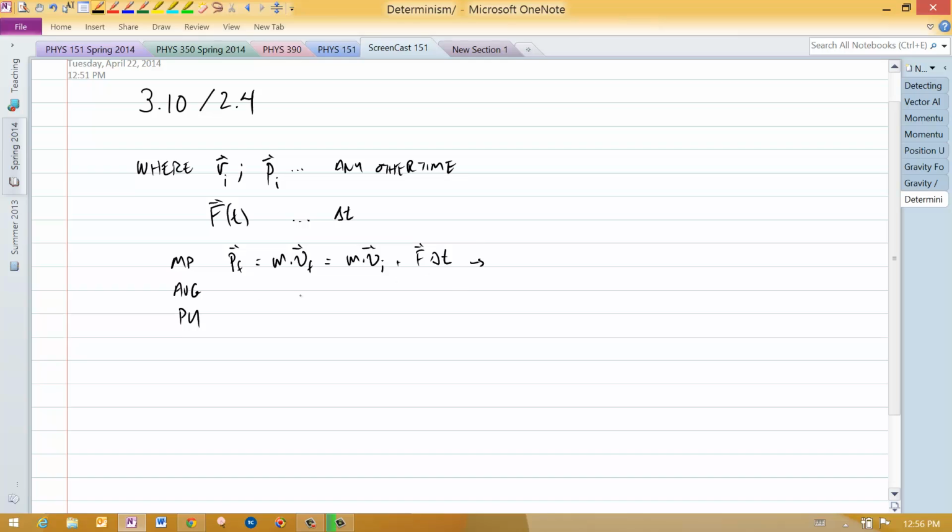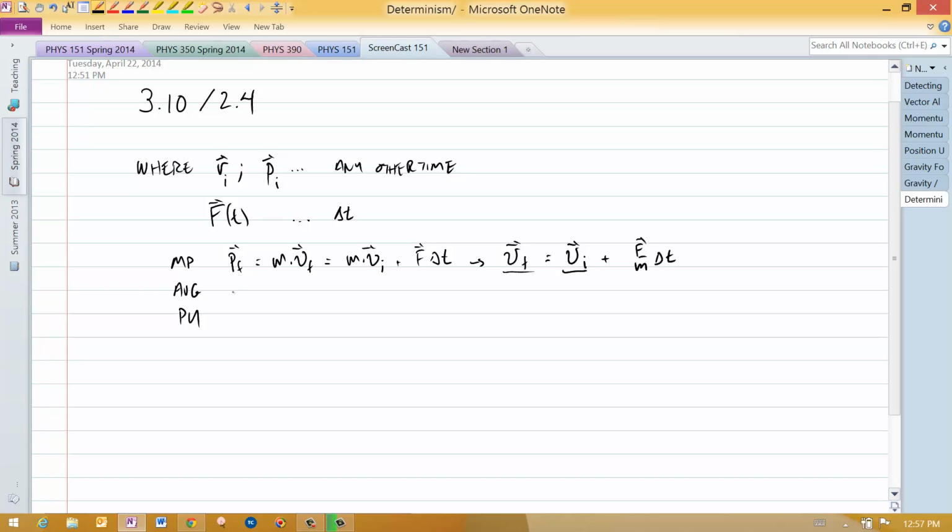Together with that, I can find the final velocity at the final time. I just divide everything by m. I get v final is equal to v initial plus F divided by m times delta t. So if I'm given the initial velocity, I can tell you what the final velocity at the end of delta t is going to be.